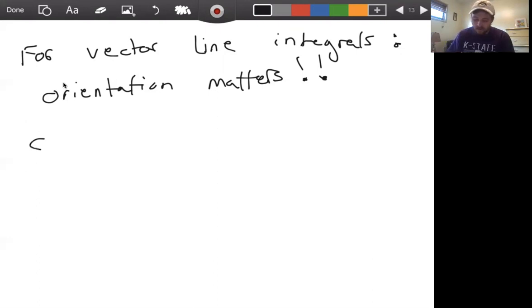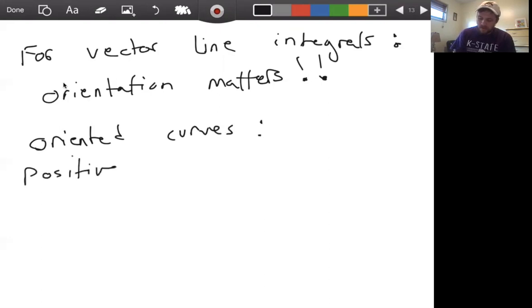And we had oriented curves, right? Where the convention was positively oriented is counterclockwise and negative is clockwise.